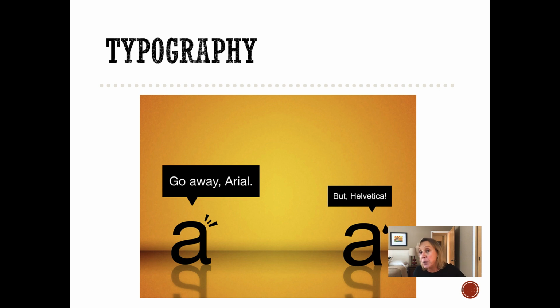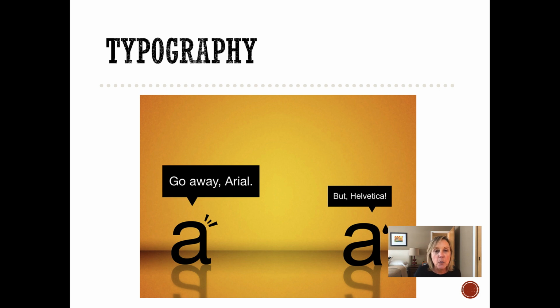Now, if they're on your computer, it means it came with Microsoft. But Microsoft paid for it. You didn't. You paid for Microsoft. So, while you can find a lot of free fonts online, many of the typefaces that a designer would want to use, they have to pay for.